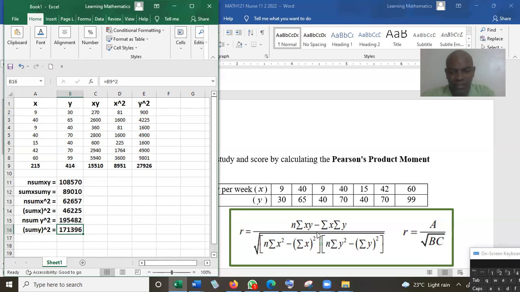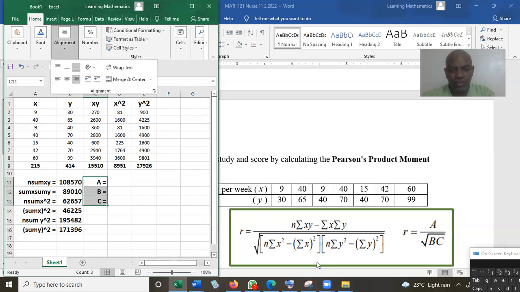Now these are 6 numbers, so we can reduce those 6 numbers to 3 numbers, A, B, and C. Let's call them A, B, and C. And clearly, you can see that A is equal to the first number subtract the second number.